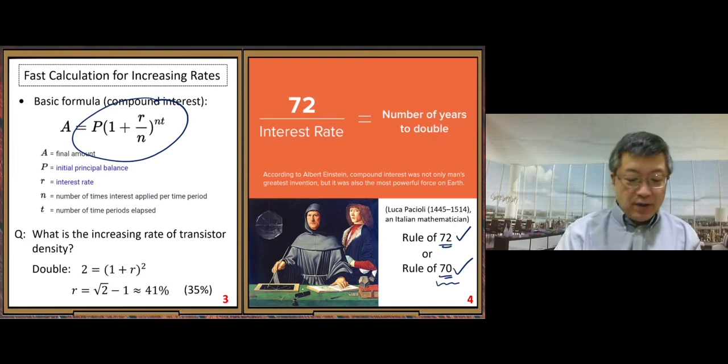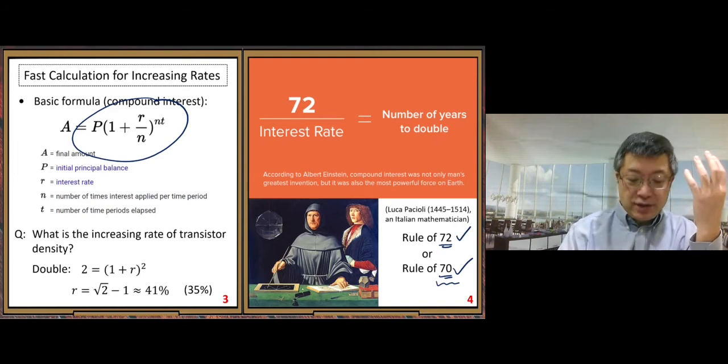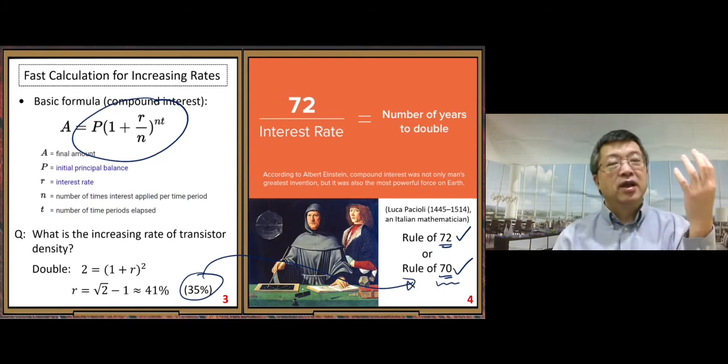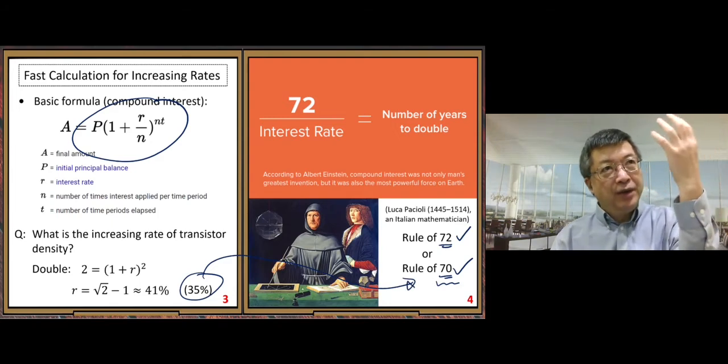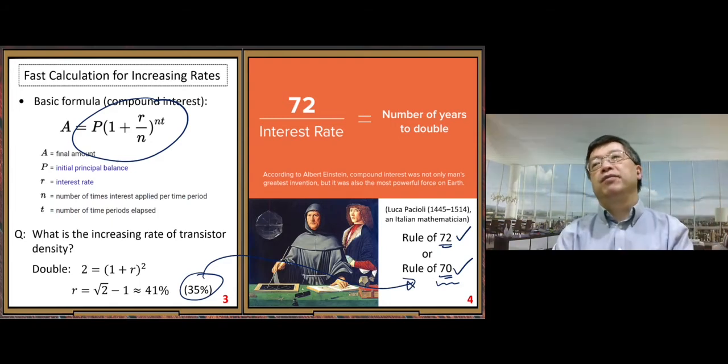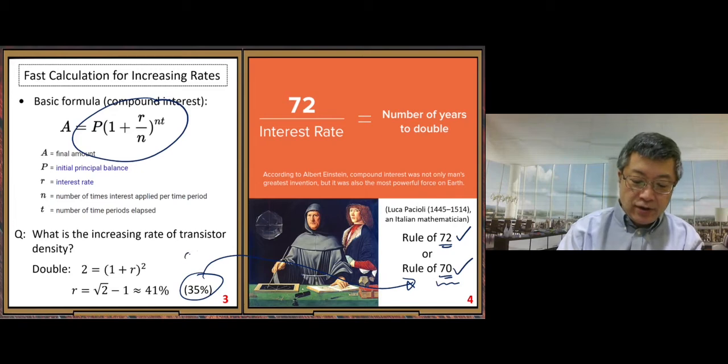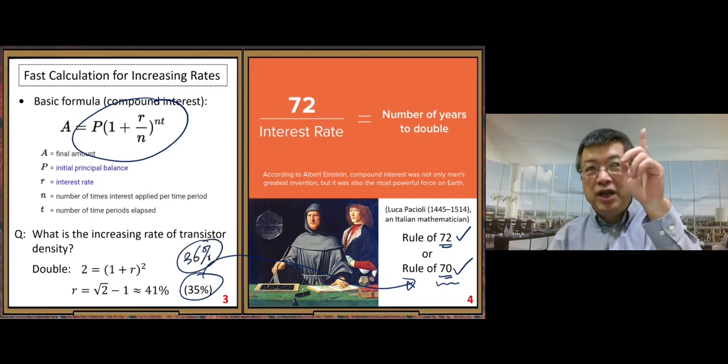Now, for that reason, double every 2 years, right? Here you can see we use the rule of 70. 70 divided by 2, 35. If you use the rule of 72, you will get 36%. But only a 1% difference.